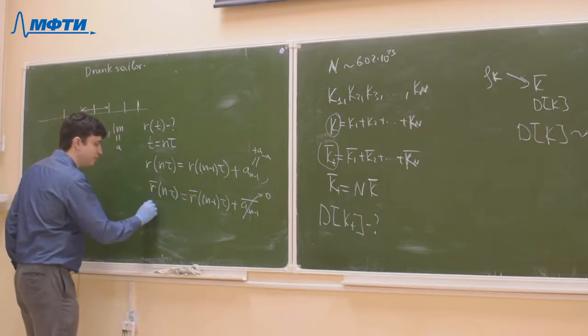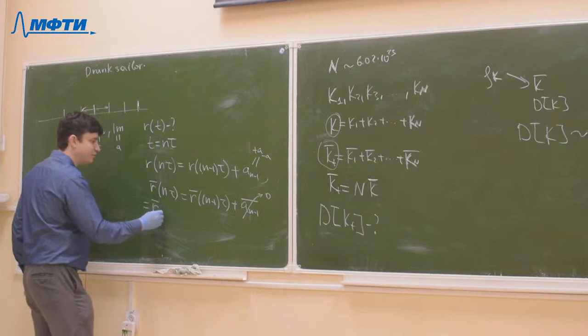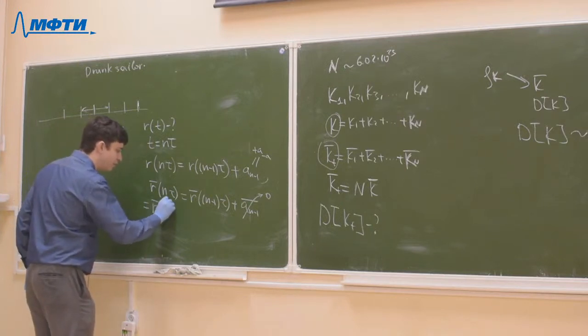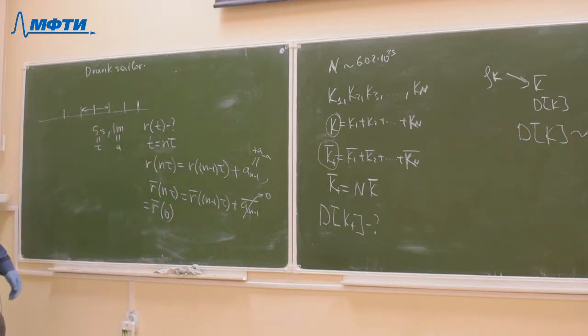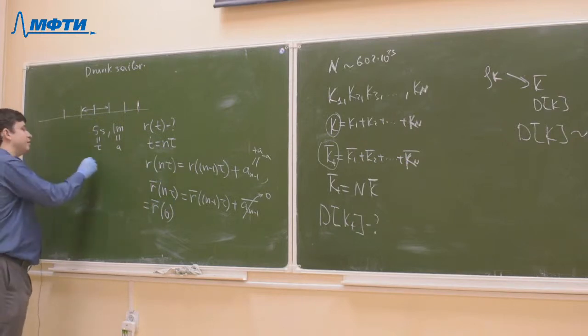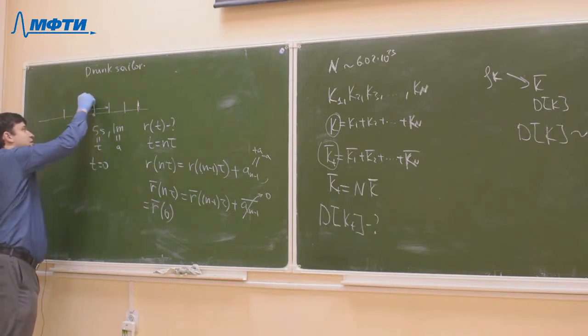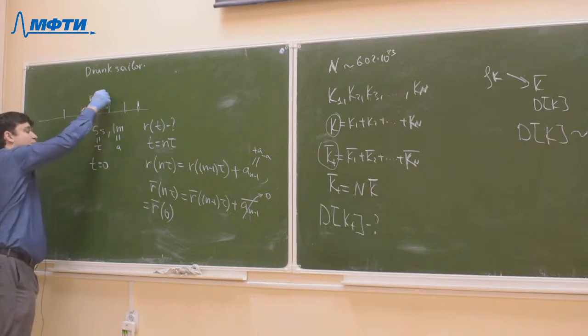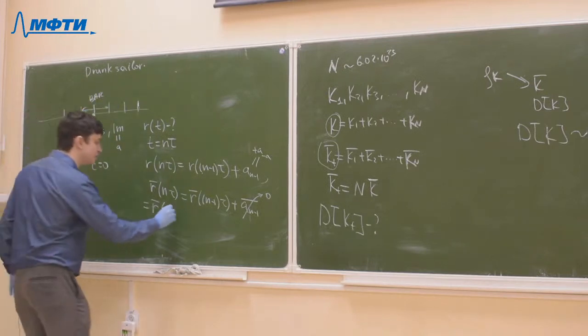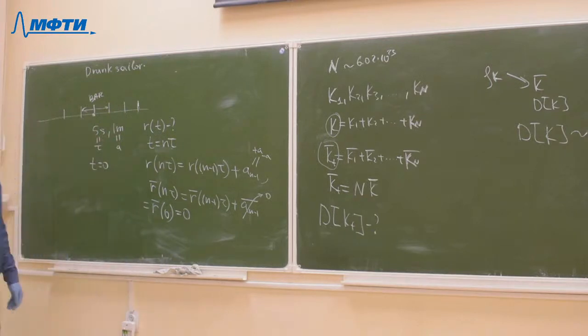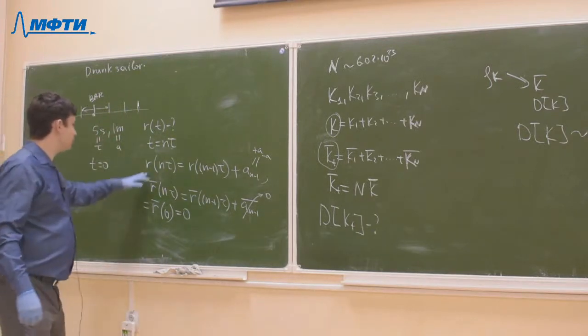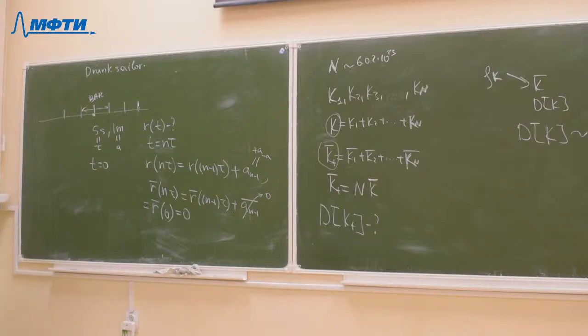We can continue this expression until we reach the average of r at time 0, when the sailor is at the initial point, so that value is 0. So averaging over this random quantity gives us no information about the movements of the sailor.